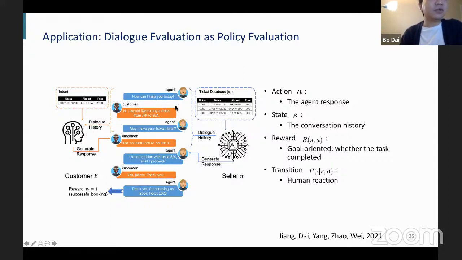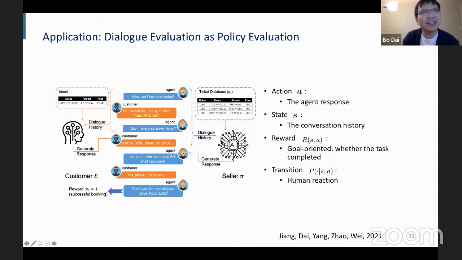During this conversation, the agent expresses its intent, the customer expresses theirs, and the agent looks into the database to eventually fulfill this order. If the task is completed, we say the reward is 1 because the booking was successful. If not, we set the reward to 0. This is indeed a sparse reward, because during this whole procedure there is no reward assigned until eventually a 1. Until you reach the end, it's all 0.